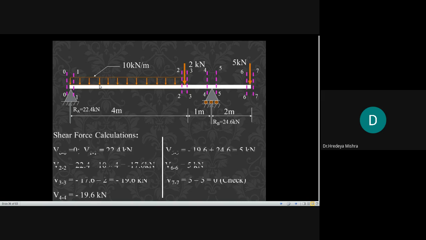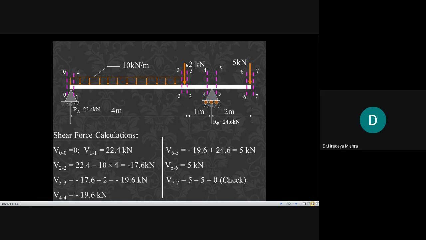Okay, now we have to calculate the shear forces. V00 is 0, V11 is 22.4 kilonewton. Okay, and V22, so what happens here? 10 into 4, which is downward, and 22.4 is upward. So 22.4 minus 10 into 4, that is minus 17.6 kilonewton.